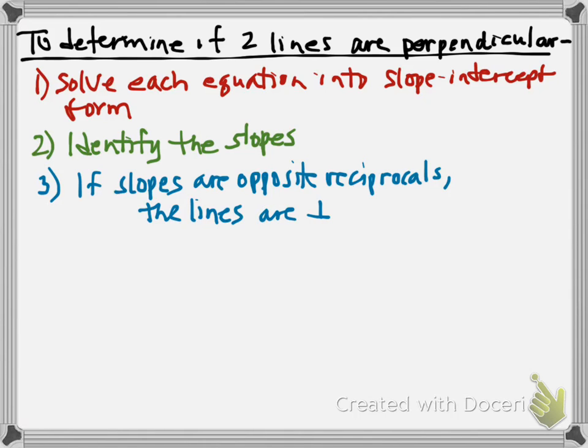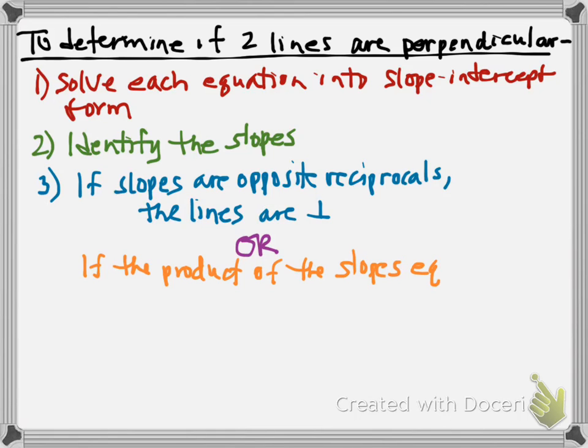Or if the product of the slopes equals -1, the lines are perpendicular.